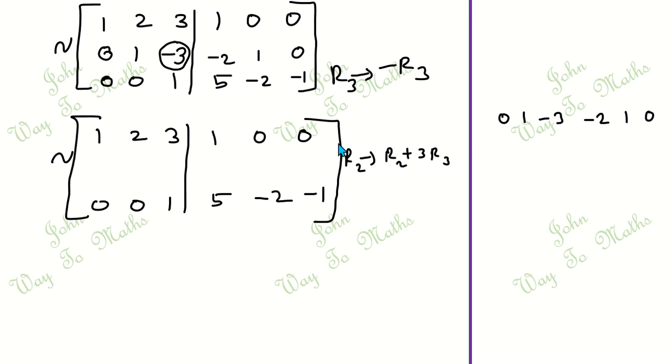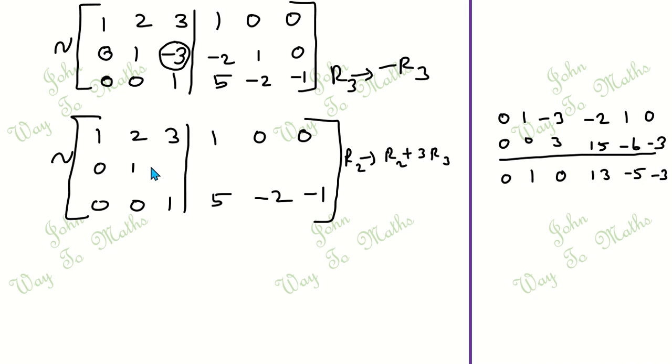Then 3 times row 3 gives 0 0 3 15 minus 6 minus 3. Adding these, we get 0 1 0 13 minus 5 minus 3, and we enter this value.